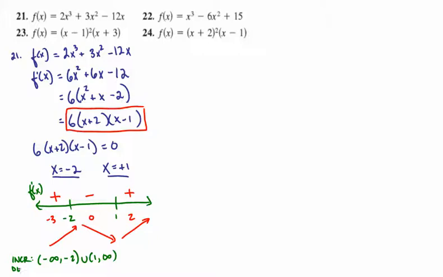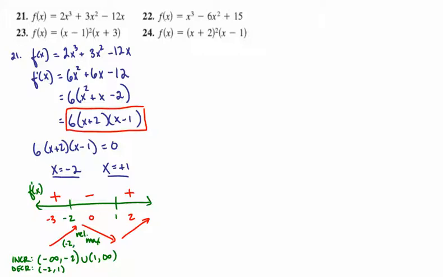It's decreasing from negative 2 to 1. Then we have a relative max at x equals negative 2.